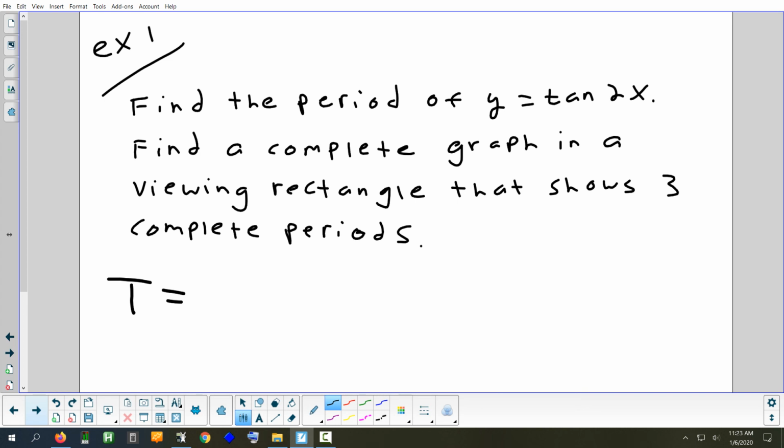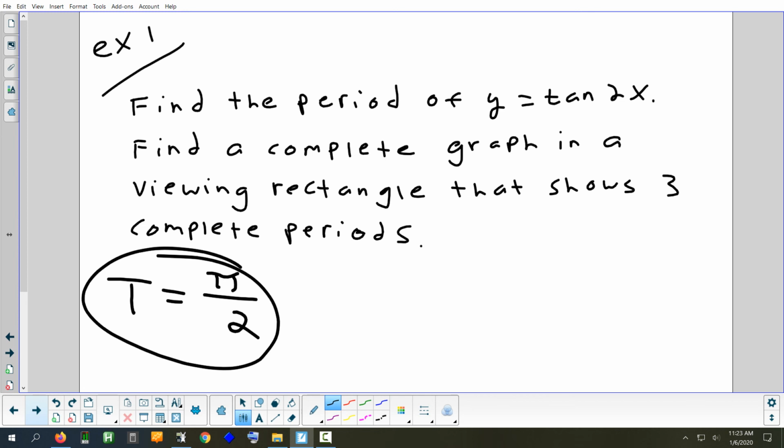What's my formula to find the period of tangent? It started out T equals pi, yep, it's pi divided by b. B is the number in front of x. In this case, that's your period.